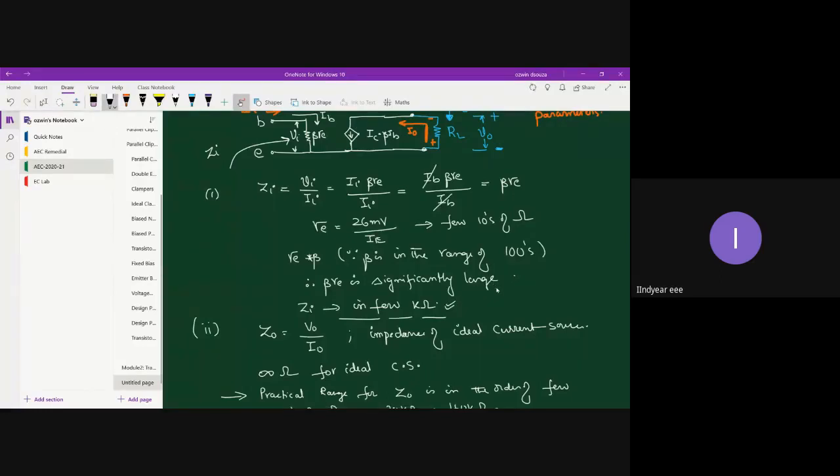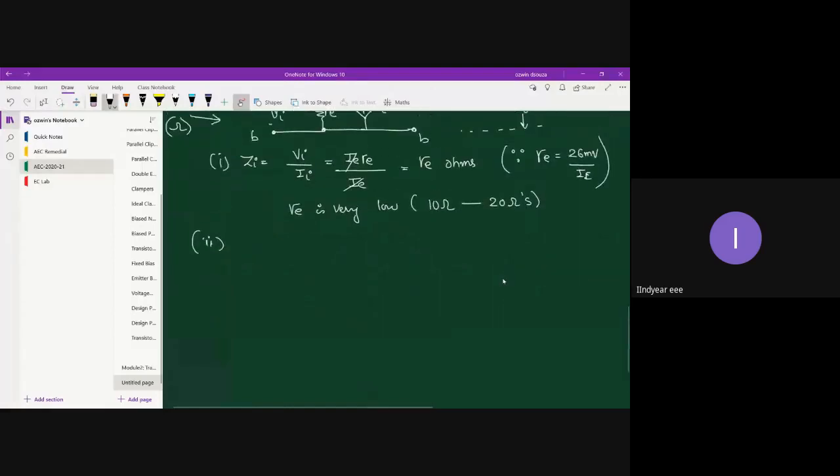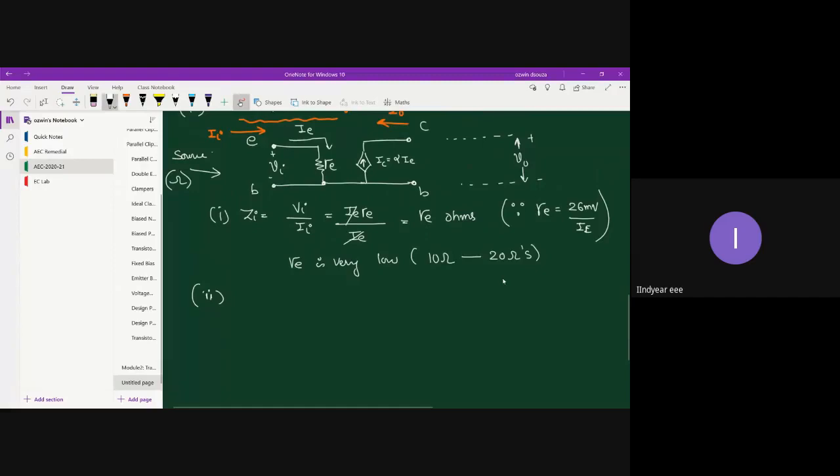So you are trying to connect a source of a few ohms to a load of kilo ohms. There is a clear impedance mismatch, and due to this mismatch the power delivery won't be that good, and hence signal loss may happen. So that's the importance of impedance matching, and this is how you can achieve it.